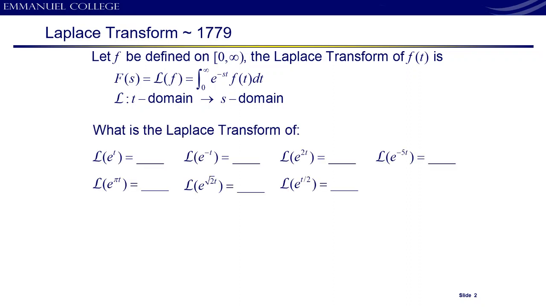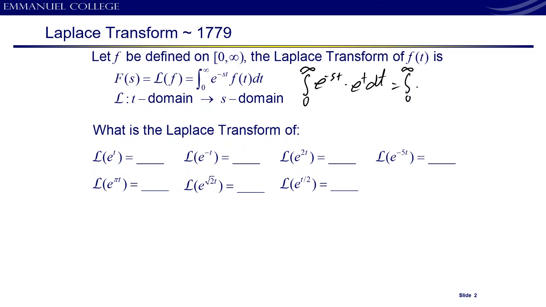So let's start with these. What is the Laplace transform of e to the t? We'll start with the easy one. The integral from 0 to infinity, e to the negative st times e to the t dt. Use our rules of exponentials.